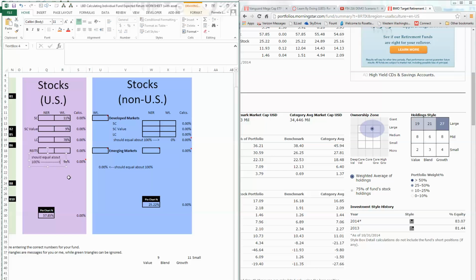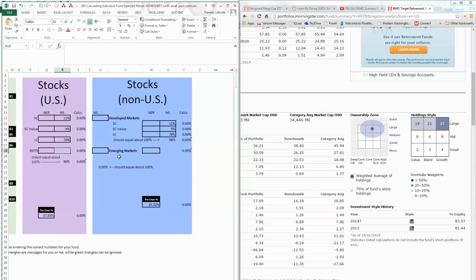Yeah, and it's close enough. I mean, it could be 97% and I'd still be content with that. If it got much lower, I would start to find out where I have a mistake. Now you can just use the same weights and pop them over here. So 11% small cap, 9% small cap value, and 78% large cap.